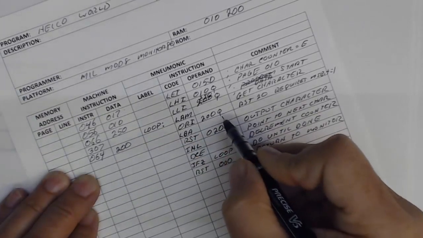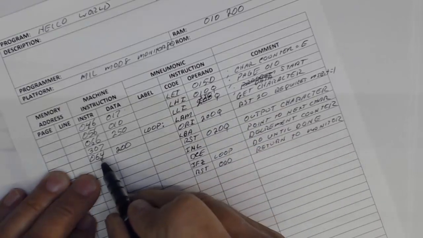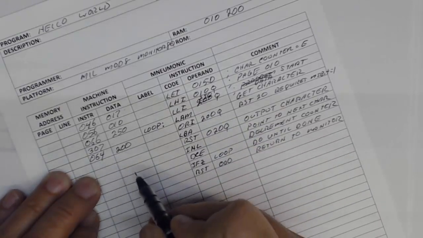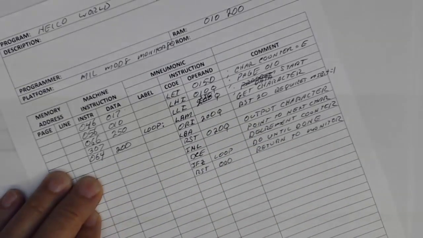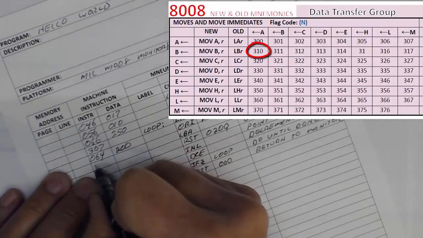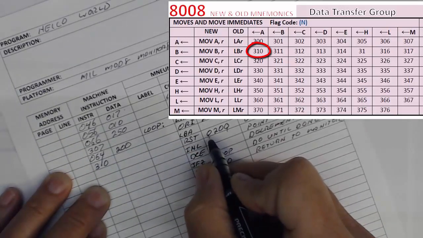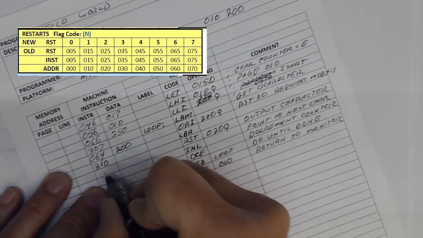And so you can see, remember my warning in the last video about forgetting your data byte. You can see how you just put that in and you forget the data byte, go on to the next one. LBA, so load B with the value in A, is 310. Restart 020 is a 025.